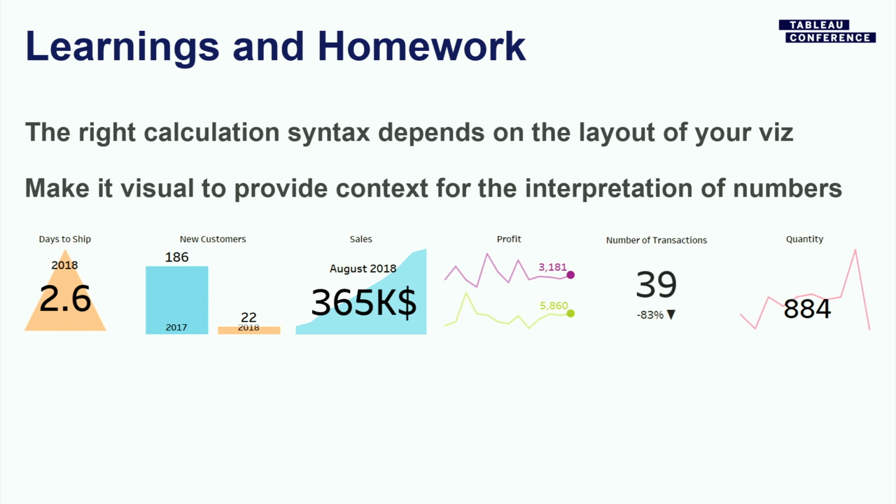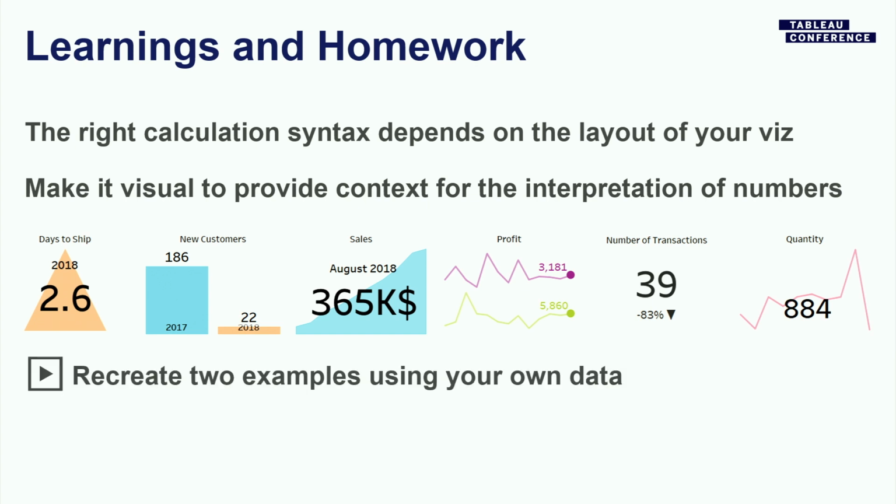They should provide the context that you need your audience to have for interpreting those numbers. I hope you have found at least one example that would be valuable to your business. Take a moment to reflect which one that could be. And anyway, just like in school, homework is the best way to learn by recreating at least 1 or 2 of these examples at home with your own data and see what it looks like.